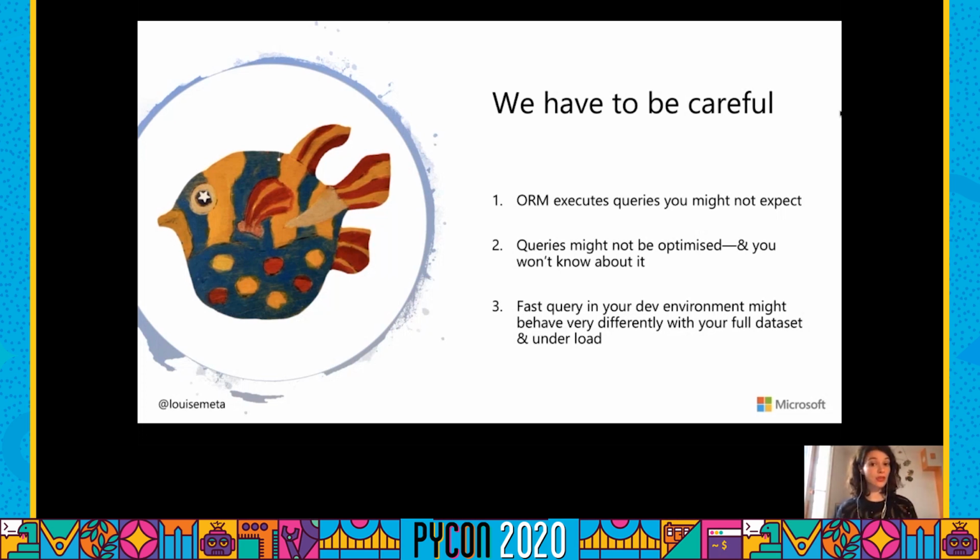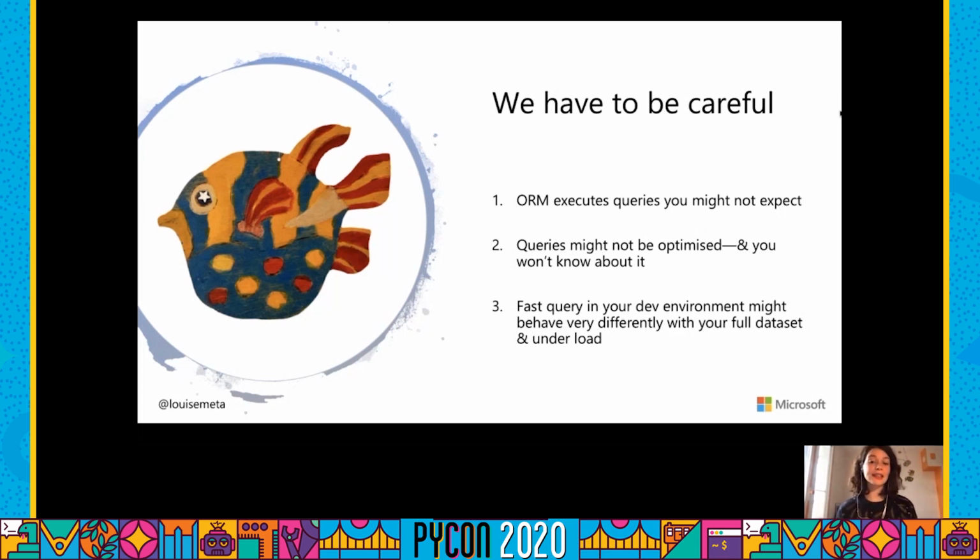The second thing to look into is that the queries might not be optimized. And if you just look at your Python code, you won't know about them. So we really need to be careful about our ORM, our database, and the link between the two.